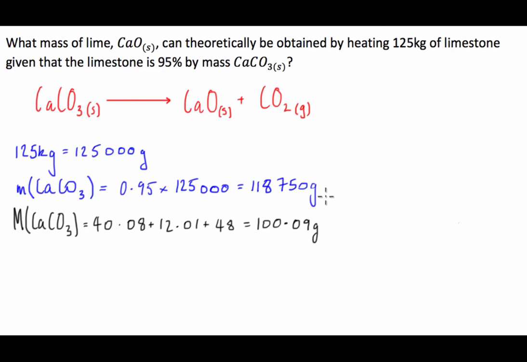Cool. Now, like we do in most calculations involving chemistry, we have to convert this mass of calcium carbonate into moles. The number of moles of CaCO3 is equal to the mass, little m, over the molar mass, big M, which is equal to 118,750 divided by 100.09.